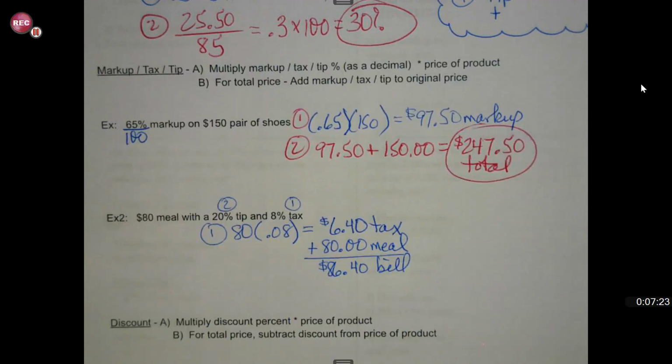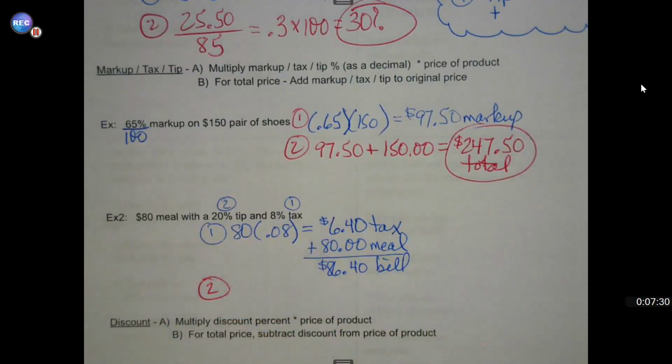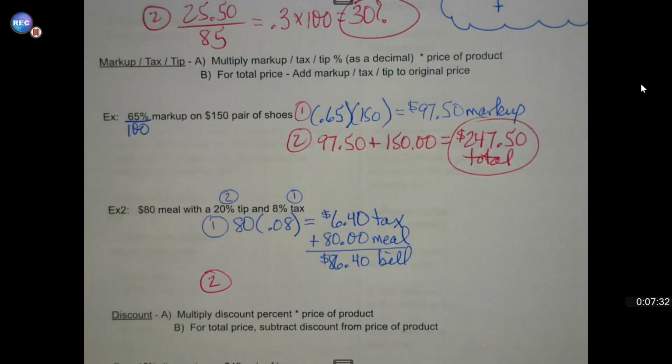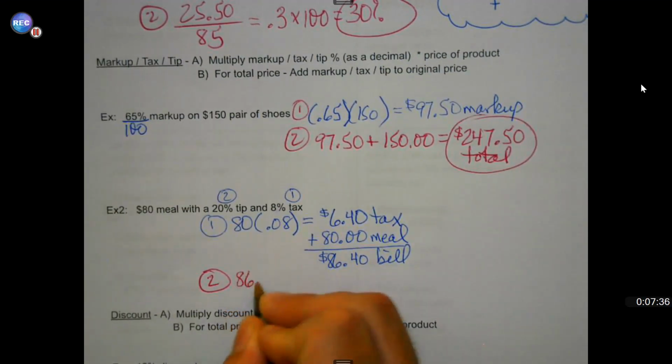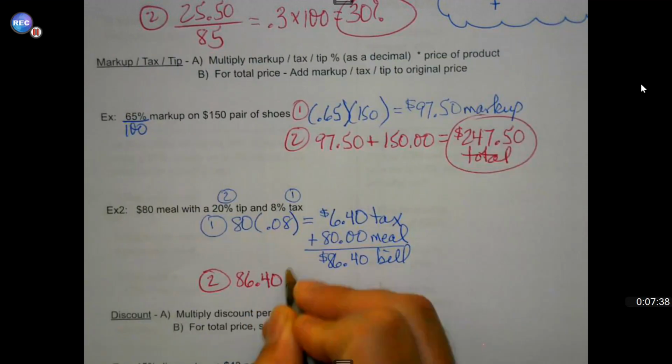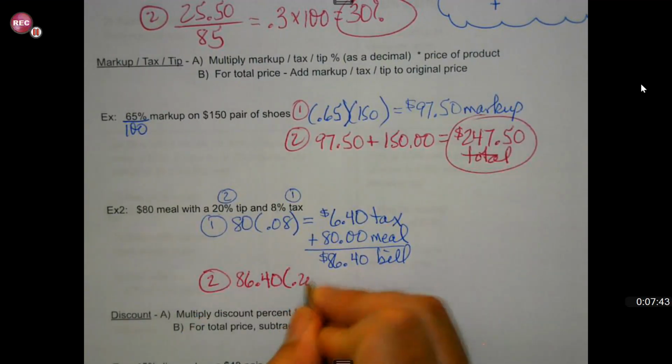But we're going to be polite. So, we're going to leave a tip. The tip is based on your total. Again, divide the 20 by 100, get your decimal.